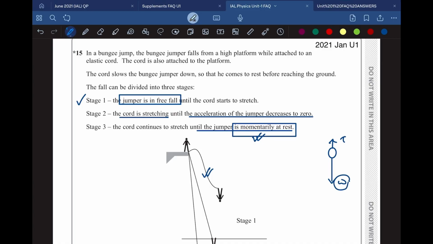So as the weight is greater, the gravitational force is acting on the jumper and it is accelerating downward, because the downward force is greater and the resultant force is downward. So we can say the kinetic energy is increasing. Why? Because it is accelerating, that means its velocity is increasing, and if the velocity increases, the kinetic energy also increases.